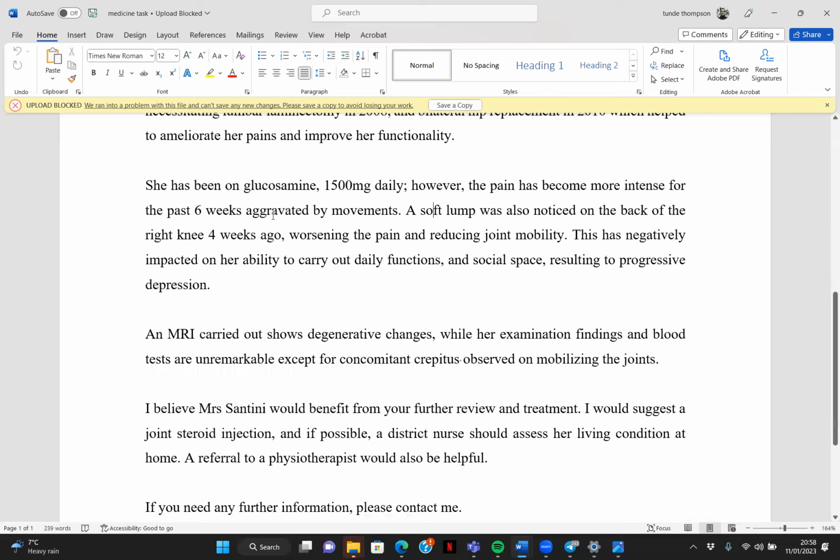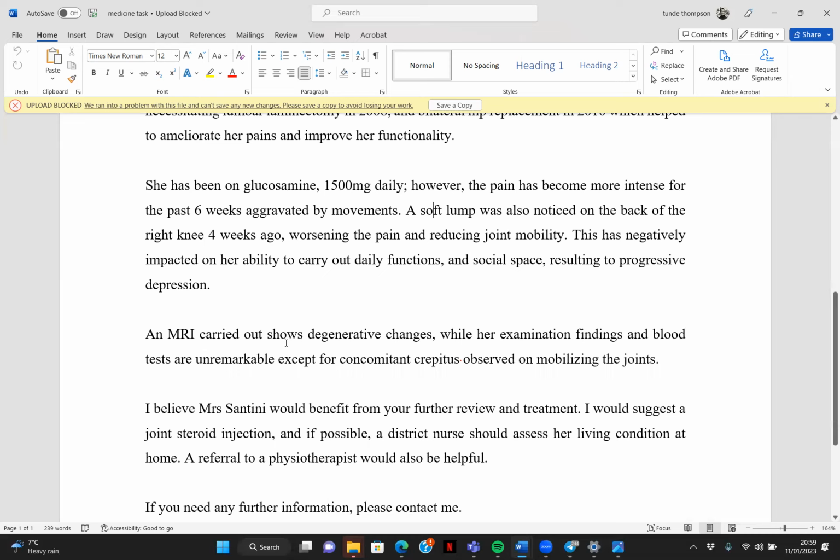However, the pain has become more intense for the past 6 weeks, aggravated by movement. A soft lump was also noticed on the back of the right knee 4 weeks ago, worsening the pain and reducing joint mobility. This has negatively impacted her ability to carry out daily functions and social activities, resulting in progressive depression.